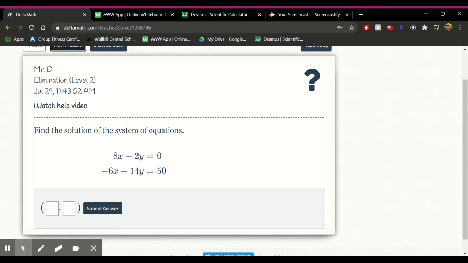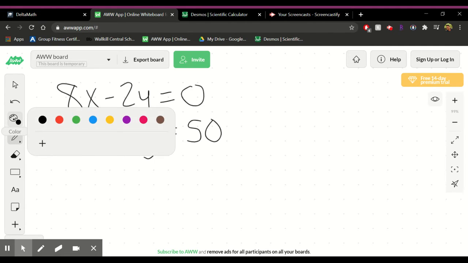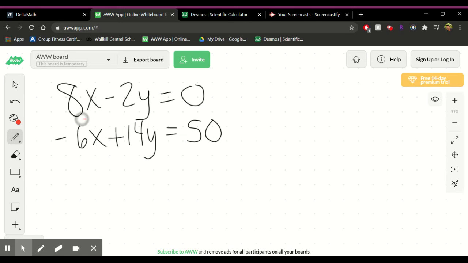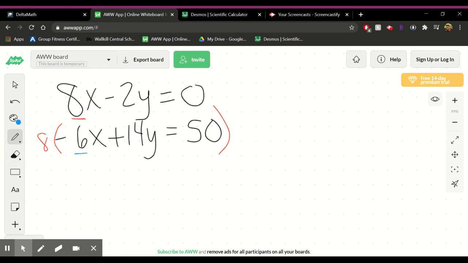And the other one is negative 6x plus 14y is 50. I'm going to take the bottom, take this number, write it down here. That's what I'm going to be distributing here. Take this number, write it up here.